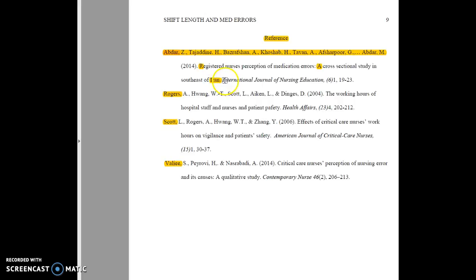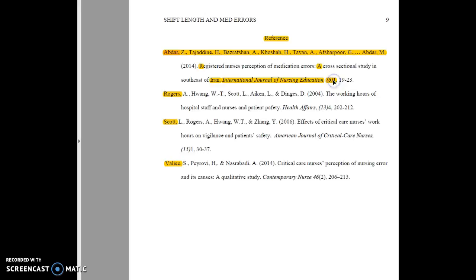The title of your particular publication is listed. It's italicized. Every word except, like, you know, of, the, are not capitalized, but the rest of these words are capitalized, the first letter. Then there's the volume number, which is also italicized.